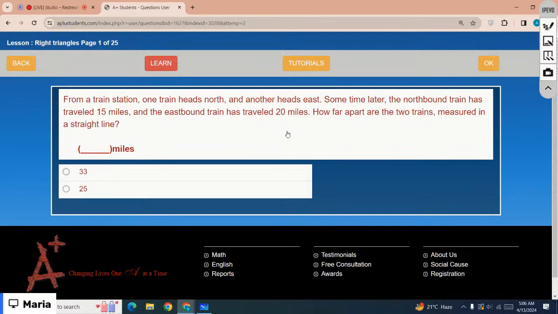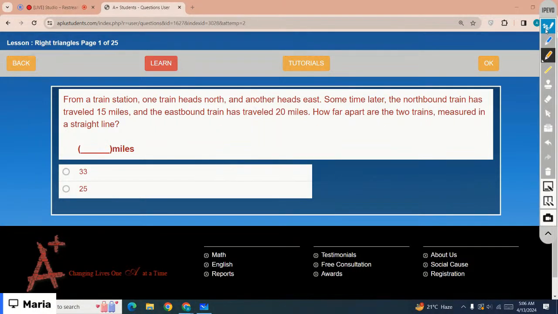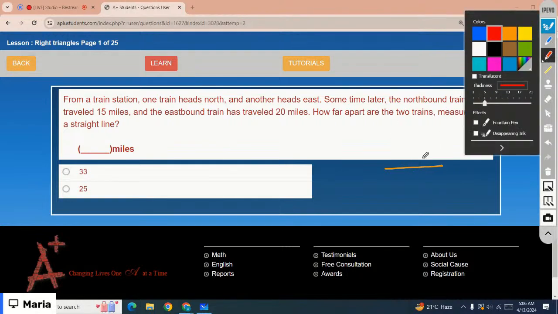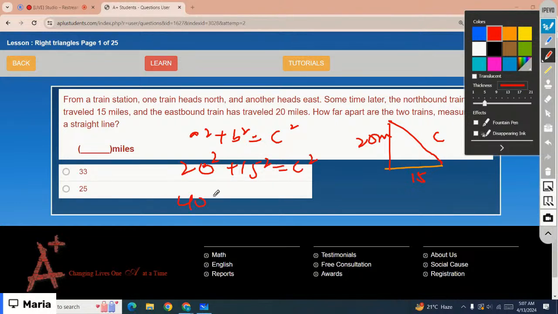Okay, let's just draw the diagram first, then we'll solve, right? Okay, the triangle is like this. You have 15 miles and 20 miles. You have to calculate this distance, right? So that is a square plus b square equals c square. 20 square plus 15 square equals c square. 20 square is 400. 15 square is 225.